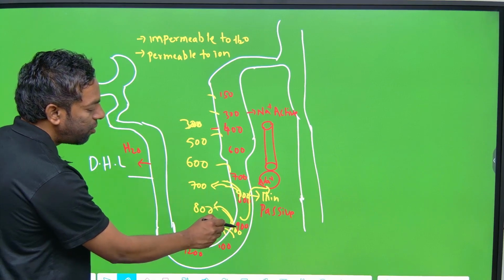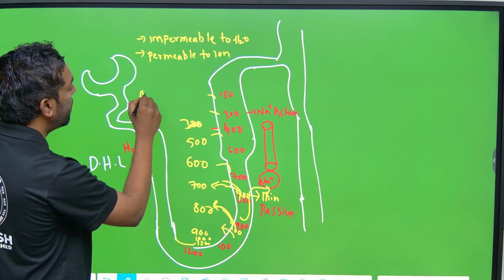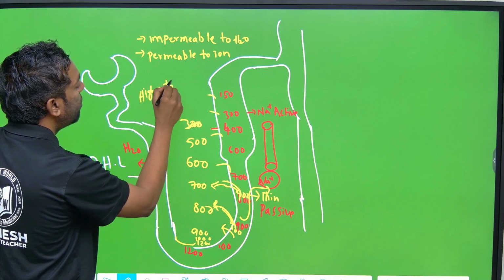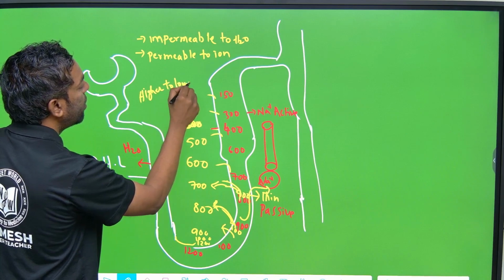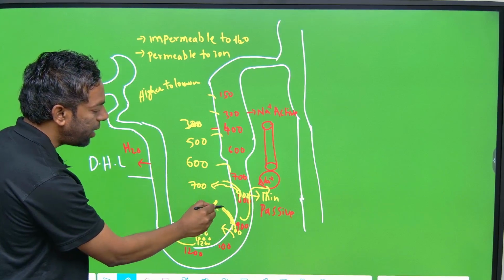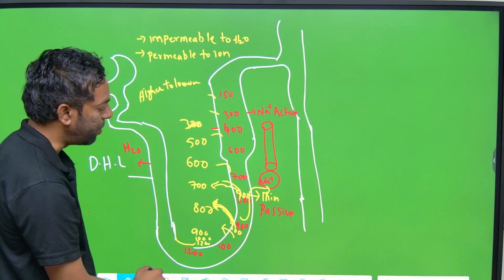Ions move from higher concentration to lower concentration, they went out. Here 900 enters into the 800 to satisfy equilibrium.